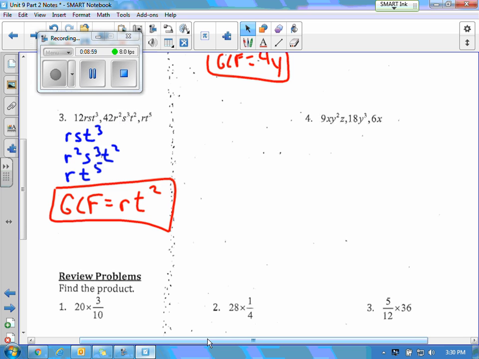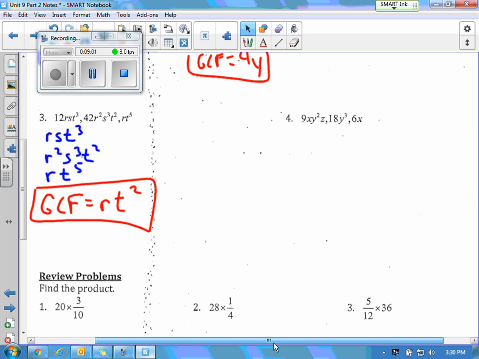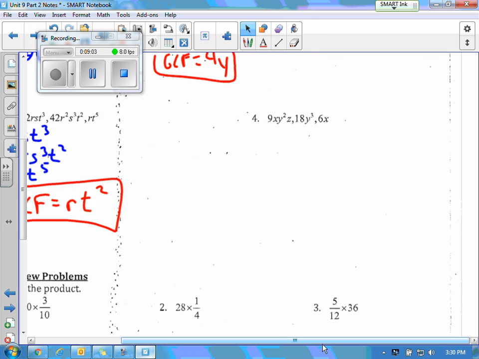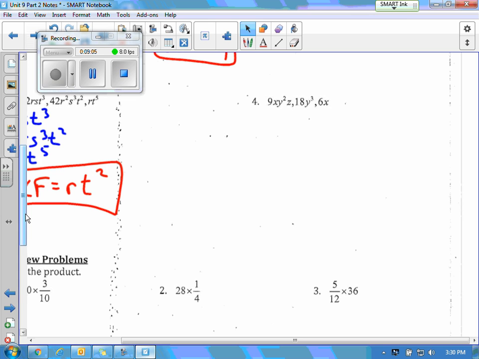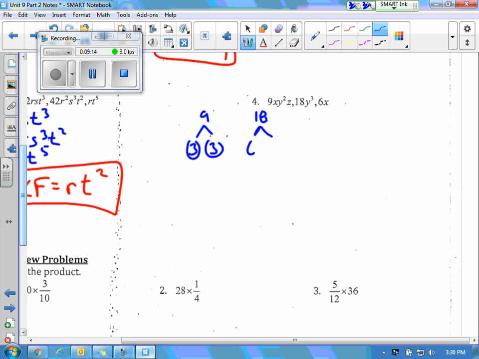Okay. Looking over here at number 4, since they do all have number parts, it's going to be a little bit more work. So we'll start by factoring those out. So 9 splits to 3 and 3. 18 is going to be 6 and 3, 3 and 2. And then 6 is just going to be 3 and 2.